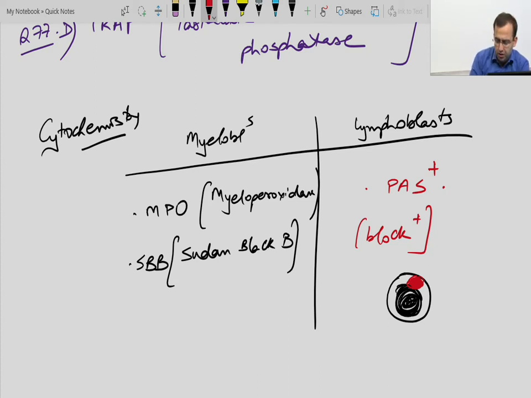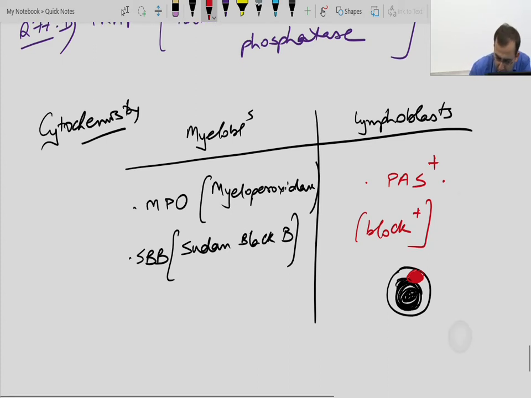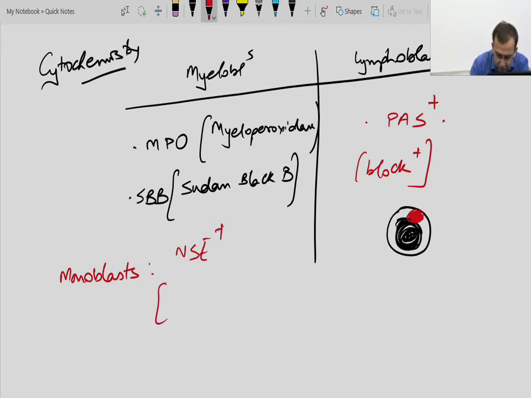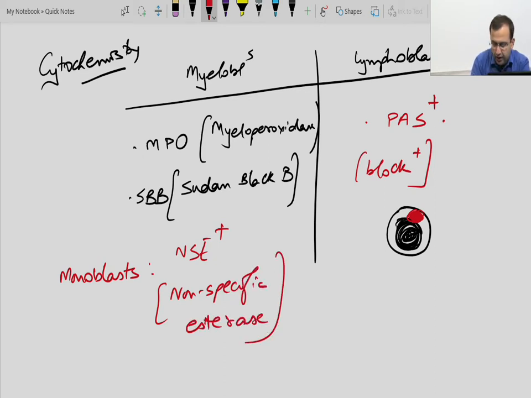Block positivity with PAS. Next point, a special subtype of myeloblasts is monoblasts, which are NSE positive, non-specific esterase positive. In the previous question, we have already seen which are the monocytic leukemias, M4 and M5. So NSE is predominantly positive in monocytic leukemias, that is M4 and M5.